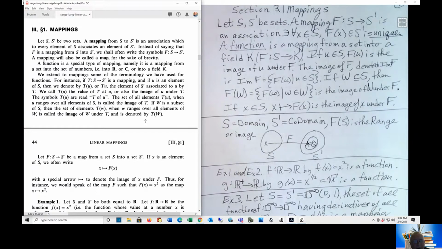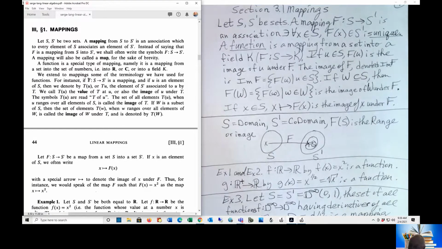Now, the terminology for mappings is similar to the terminology for a function. We use some fancy terminology that we afford to both mappings and just regular old functions. So let's start with two sets, S and S prime.